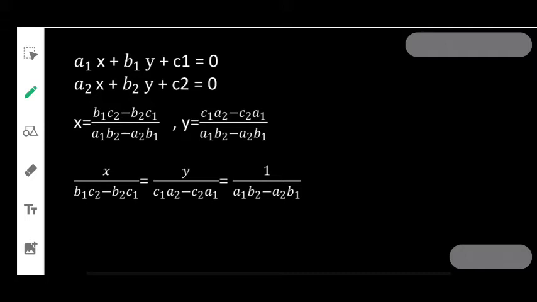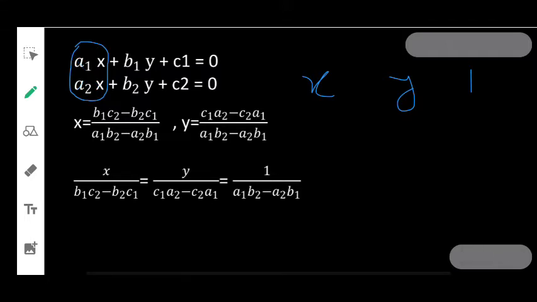Write x, y and 1 like this. Now find the terms which contain the variable x in the two linear equations. As you can see, a1x and a2x are the two terms which contain the variable x. So remove the terms which contain the variable x.